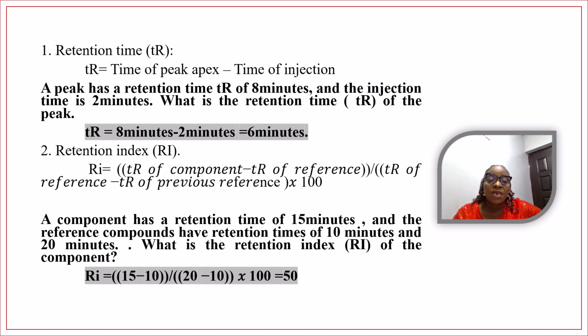So a component has a retention time of 15 minutes and the reference compounds have retention times of 10 minutes and 20 minutes respectively. What is the retention index of the compound? Applying it to the formula, 15 minus 10 divided by 20 minus 10 times 100%, it gave us 50.